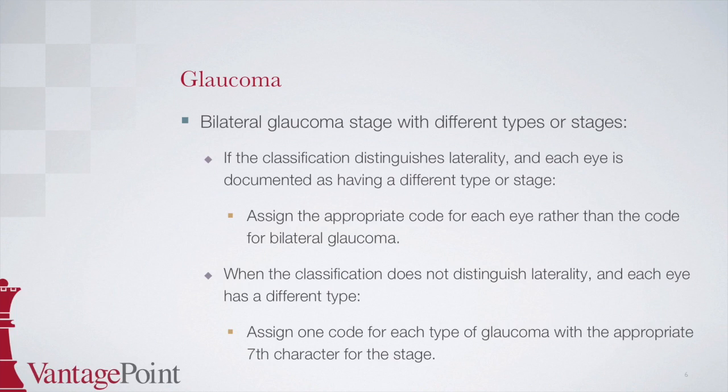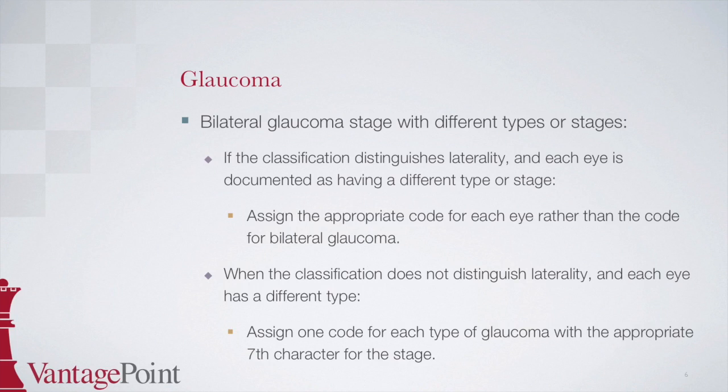The first code reported should be the more severe stage, which in this example would be H40.1223, low tension glaucoma, left eye, severe stage, followed by H40.1212, again low tension glaucoma, but now we're saying it's the right eye and it's moderate stage.